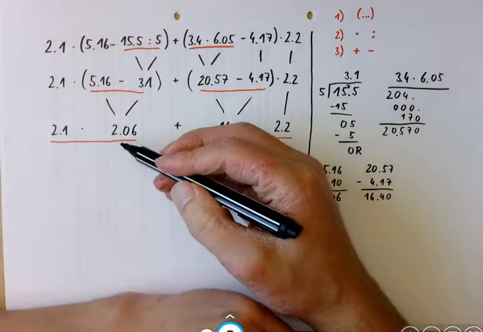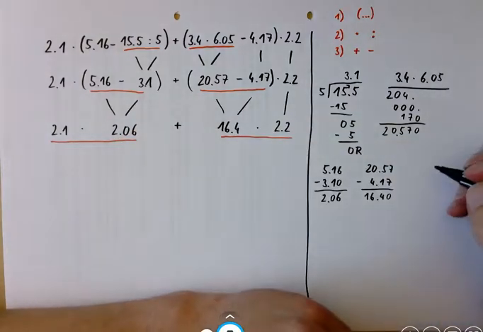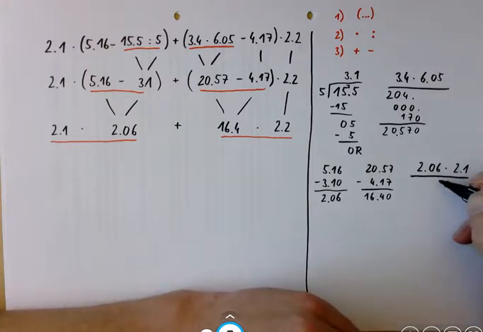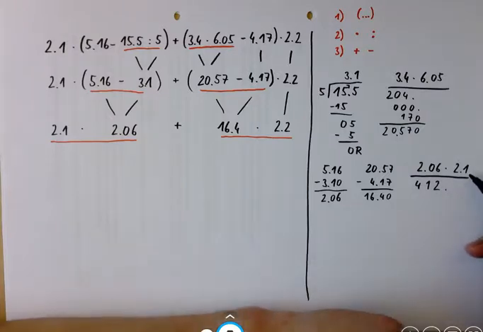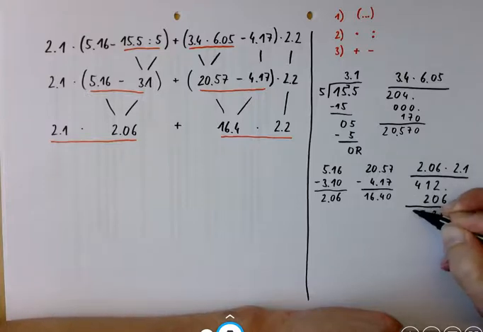So it's 2.06 times 2.1. I'm writing it this way because it's less digits this way. 2.06 times 2.1. 2 times 6 is 12, 1, 2 times 2 is 4, 1 digit to the right, 1 is 602, just ignoring the decimal points, and now adding 6, 2, 3, and 4.